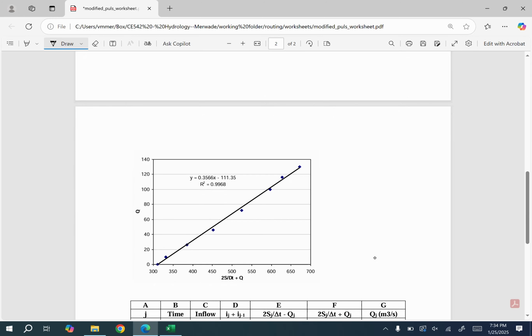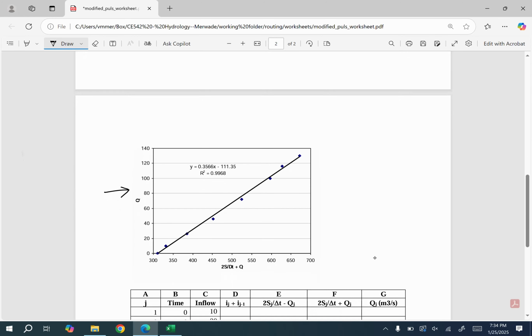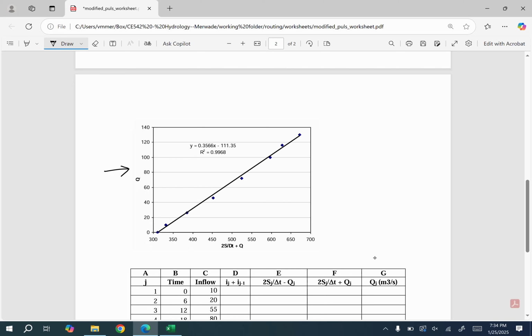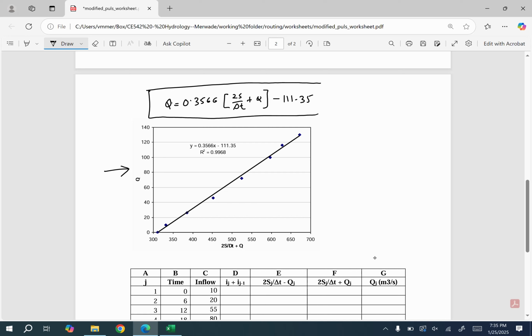We have created a relationship. Basically y equals, in this case y is our Q, and the relationship we have is 0.3566 times x, where x is our 2S over delta t plus Q, minus 111.35. So this is our storage outflow function.